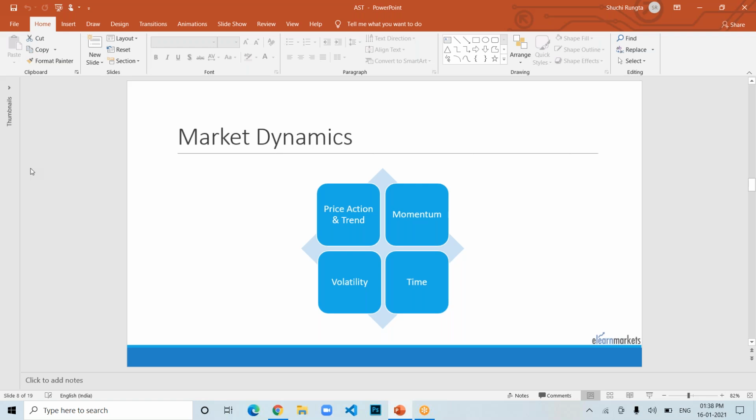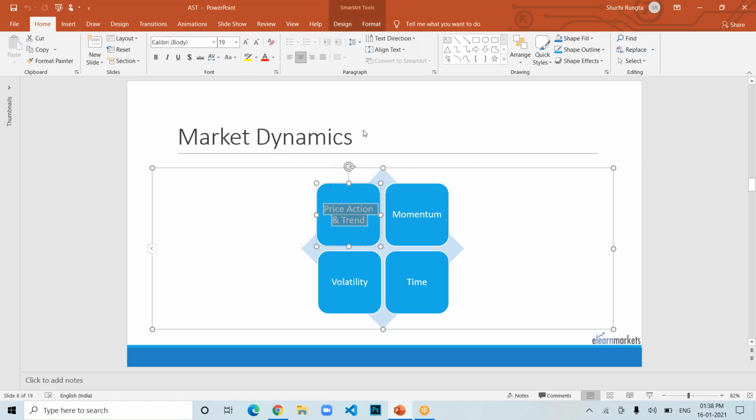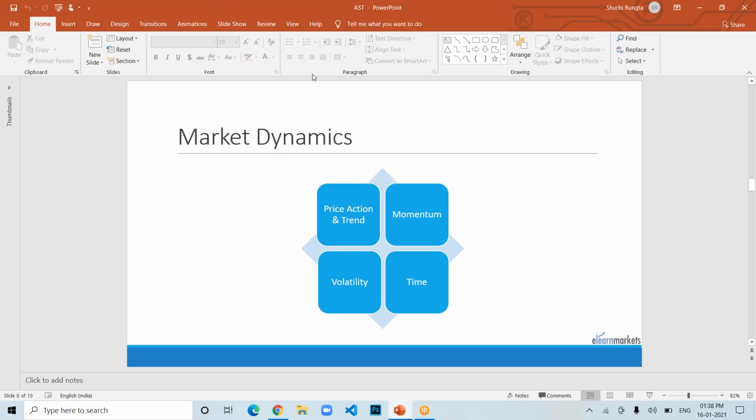So the first one, as you can see here on the screen, is price action and trend. Price action and trend is basically the movement of prices. And what do you use to identify price action and trend? Any answers?